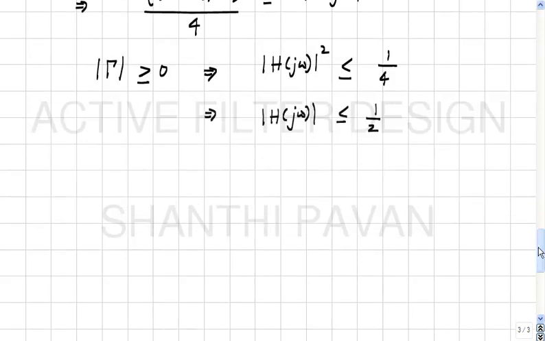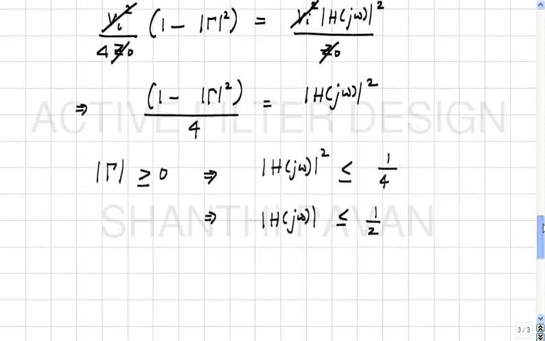Alright. Then, that's one observation. The next observation is that in the passband of the filter, what do you expect the mod gamma to be? Well, in the passband of the filter, mod H of j omega square is close to half, or the maximum, close to the value at DC. We said that at DC it can't be greater than half anyway.